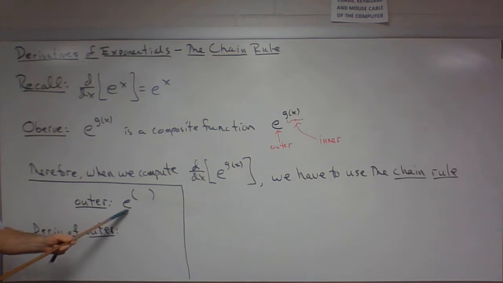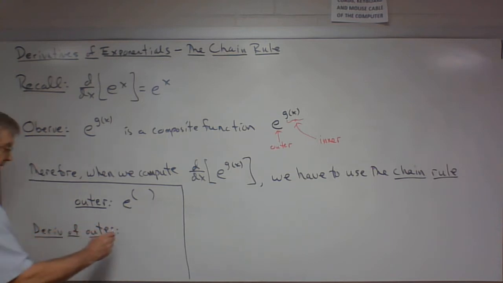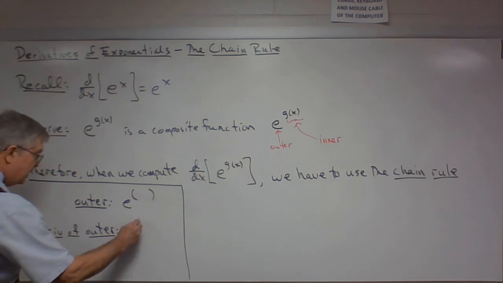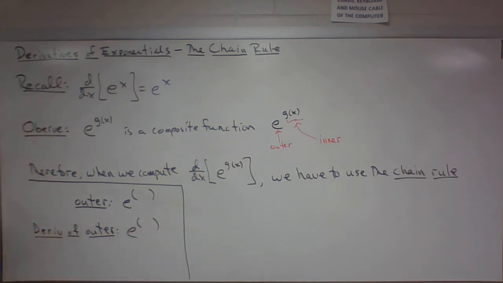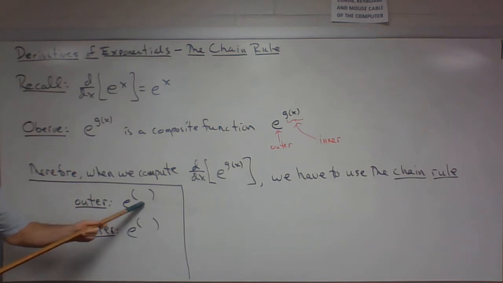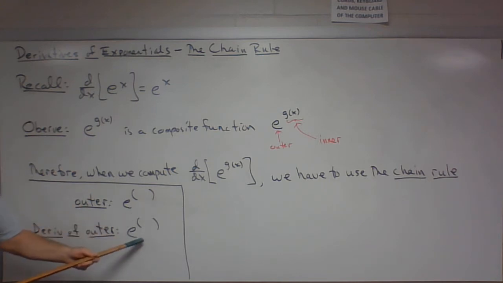So the derivative of e evaluated at something is e evaluated at something. This is what the derivative of the outer function looks like. And I guess that makes sense. e to the x is the function that is its own derivative. So e raised to the power of something should be its own derivative.